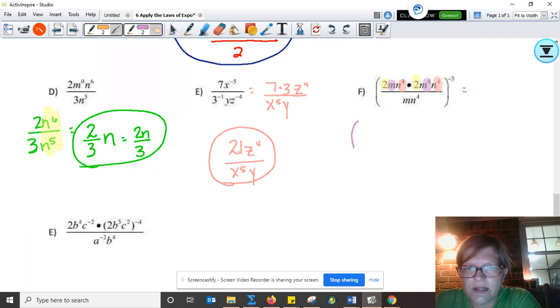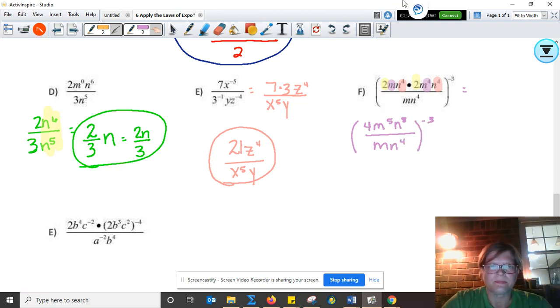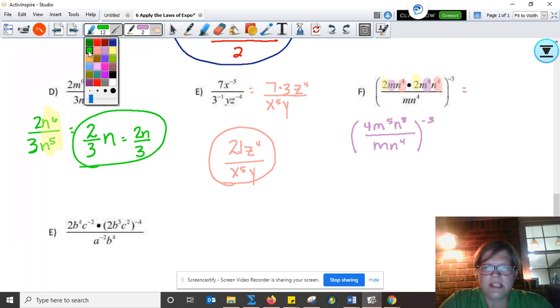So I'm going to get 2 times 2 is 4, m to the 5th power, n to the 8th power, all over m n to the 4th. All that raised to the negative 3 power. All right. So I'm going to look and see what goes together.